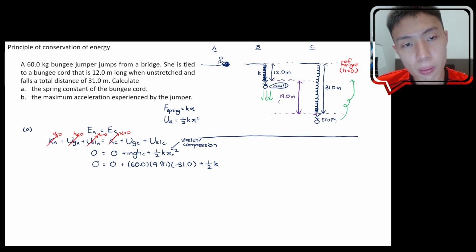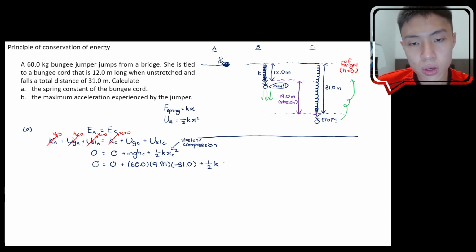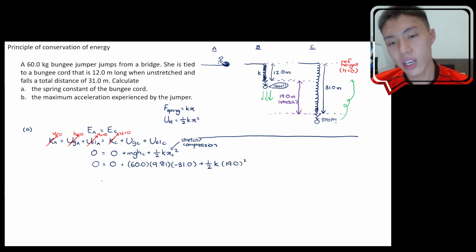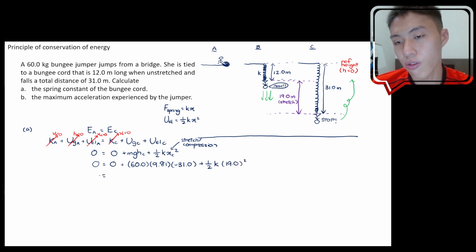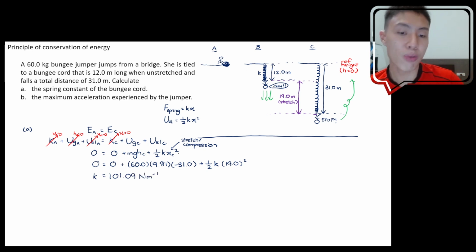So this is how much stretch has happened to the cord. So you can substitute in your x to be equal to 19 meter squared. Now there's only one unknown left. If you key into your calculator, you'll find the spring constant to be equal to 101.09 Newton per meter. So that is the spring constant of this spring.